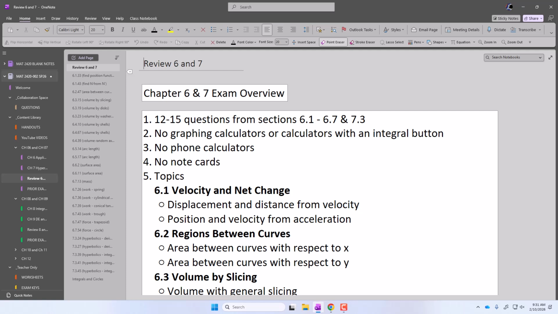We have those calculators up there that you can use. Those are Casios. If you don't like using a calculator you've never used before, you could get one of those TI-30s, I think they are, little blue ones. Just no integral button.